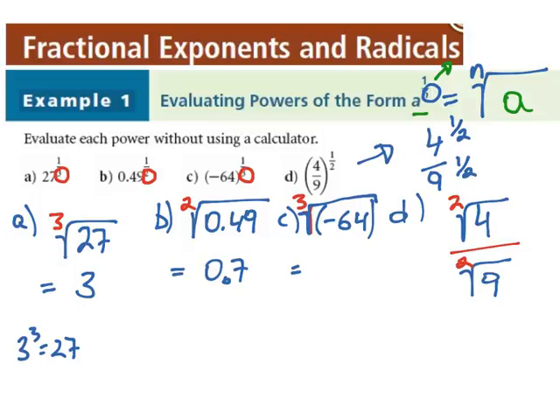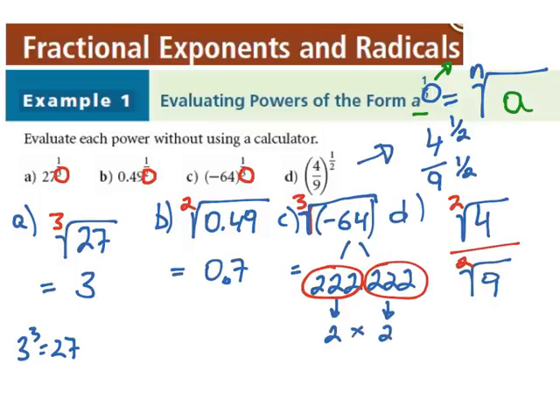For C, we can do 64 by prime factorization, and you realize there are 6 2's. The index is 3, that means we're using groups of 3. From each group we'll collect one of the individual units, which is 2, and we multiply, which is 4.